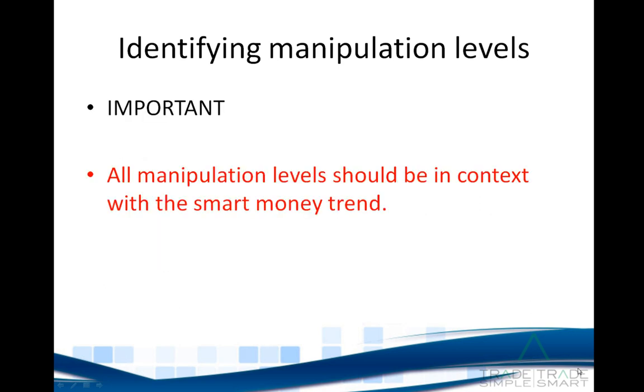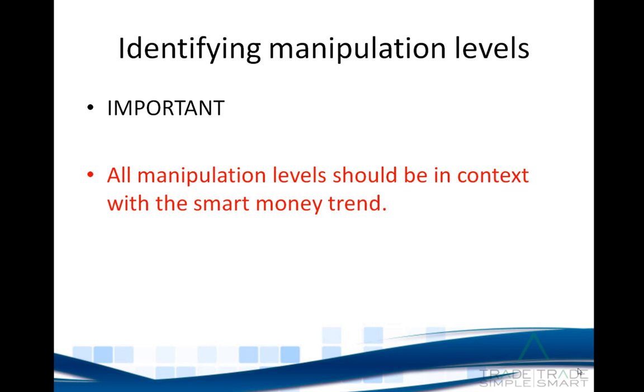So before we go on and look at the individual levels, it's very important to remember that all manipulation levels should be in context with the smart money trend. Okay, identifying individual support and resistance zones or even a confluence of support and resistance zones does not mean anything if it's not in line with the smart money trend.